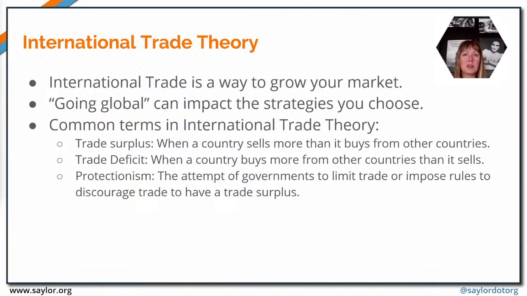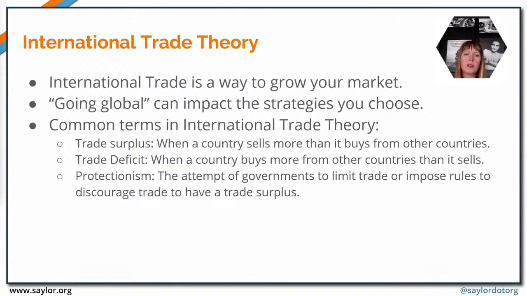So this is oftentimes a positive thing for the country itself because you're selling more ultimately than you're having to buy from other countries. The opposite of that is a trade deficit. This is when a country buys more from other countries than what it actually sells.